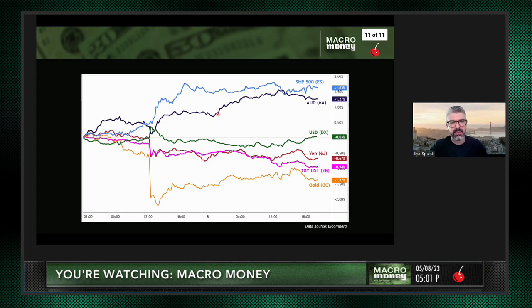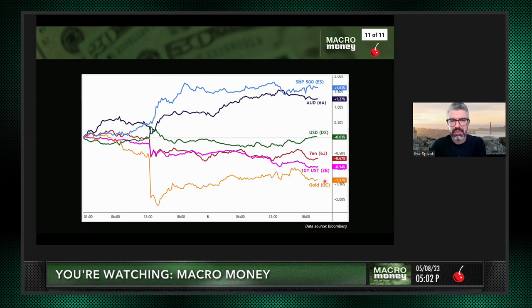Aussie dollar, which we've talked about as a kind of barometer on global growth and on overall risk sentiment, as well, by the way, as a barometer on China, because it is China that's Australia's largest export market. That's up. Dollar steady for the most part, a bit higher initially and then lower. Now, give or take steady. Yen, a creature of yield, as we've discussed here, lower. Bonds down.